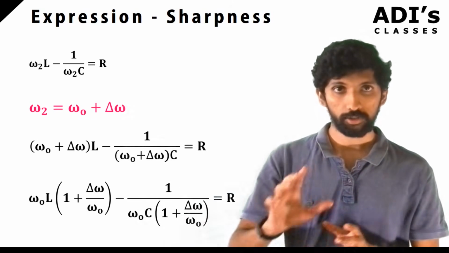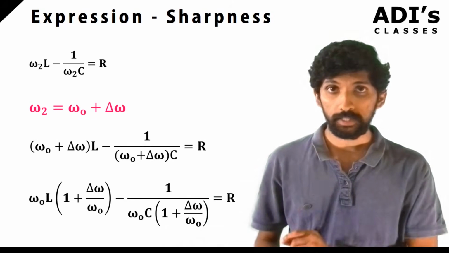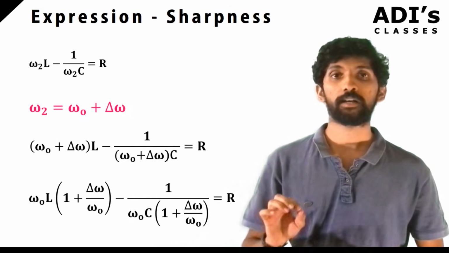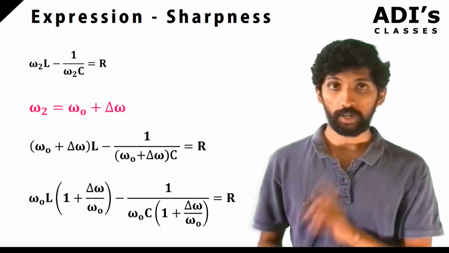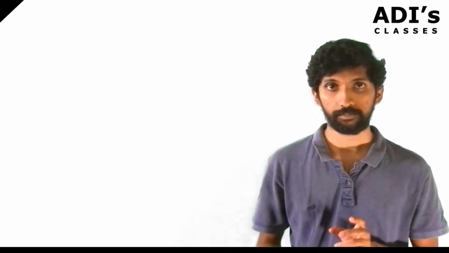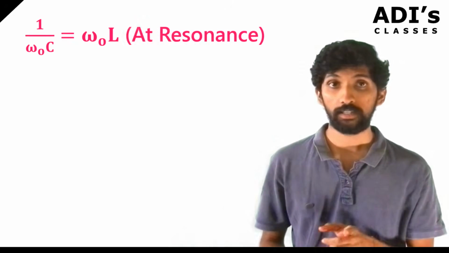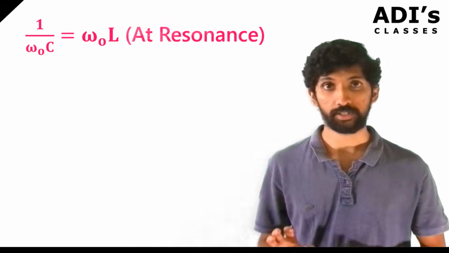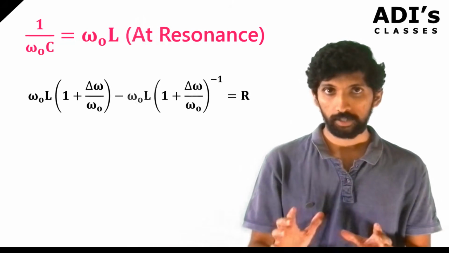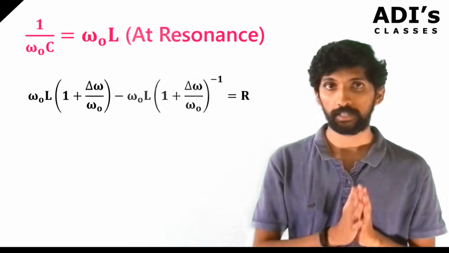So using this, we get omega naught L into (1 plus delta omega by omega naught) minus omega naught L divided by (1 plus delta omega by omega naught) is equal to R. Now 1 by omega naught C is nothing but omega naught L, because this is at resonance condition, correct? So we are substituting that here. So far you guys are with me? We just substituted 1 by omega naught C as omega naught L.